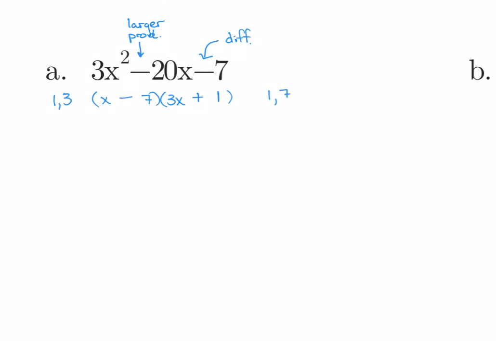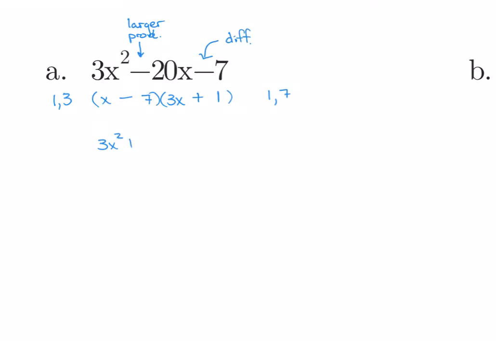Now for this section, I highly encourage you to multiply back out in order to check your answer. Do not sit there and just assume that what you came up with was correct. So if we go ahead and FOIL this now, our firsts we get x times 3x is 3x squared.